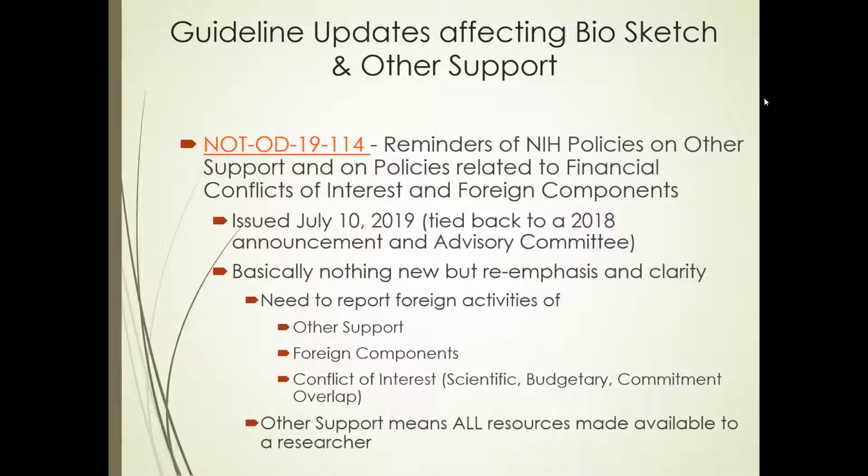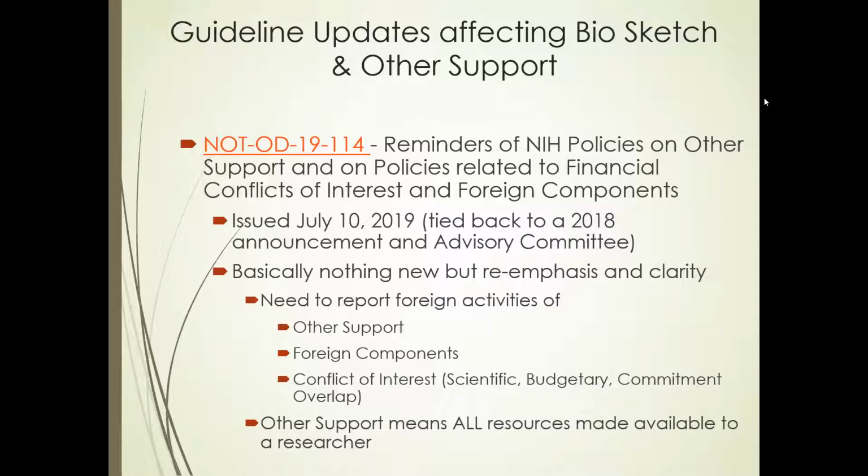So the first one, 114, was just a reminder on NIH's policy on financial conflict of interest and having foreign involvement in proposals. They had some write-ups and comments related to investigations that were being done on NIH proposals, and felt like it would be good to put a reminder out to everyone and re-emphasize that if there was foreign activities or involvement, you needed to make sure that you claimed it in your other support, and that if you had a conflict of interest, it needed to be declared.